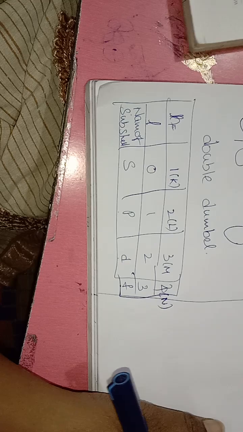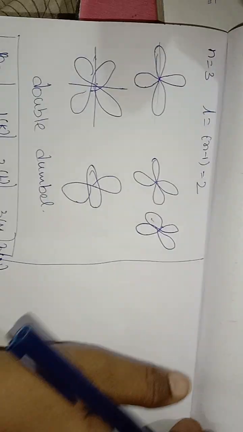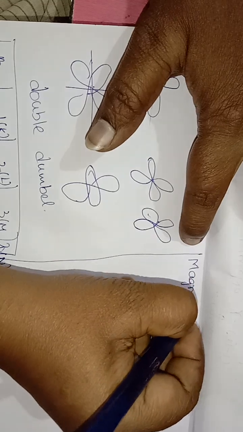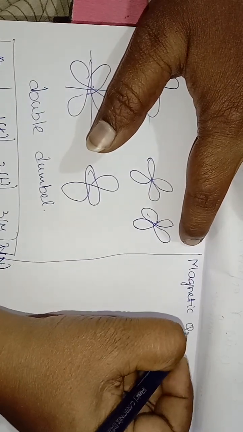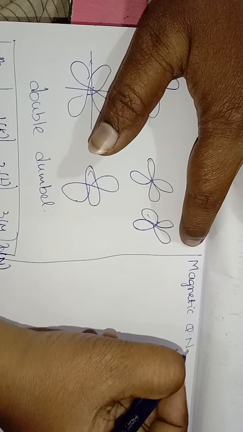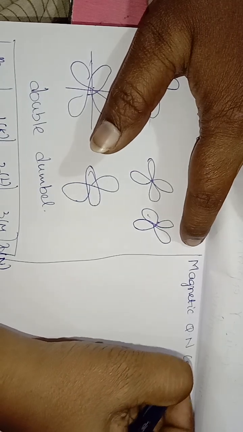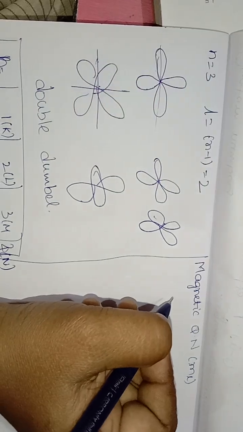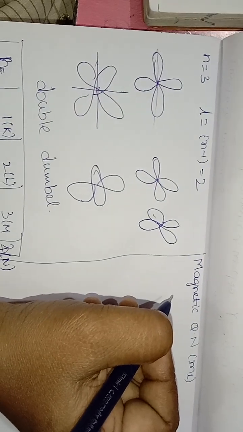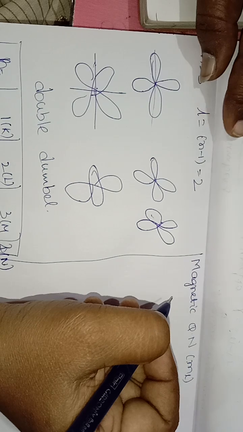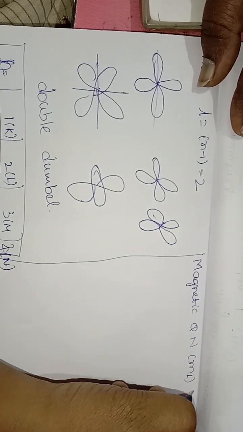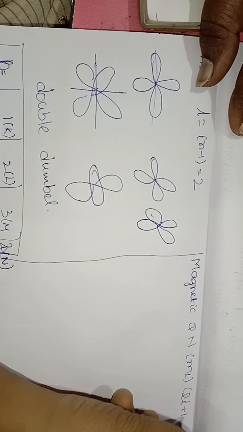Next, magnetic quantum number. The third quantum number is the magnetic quantum number. It is represented by ml. The formula is given as 2L plus 1.